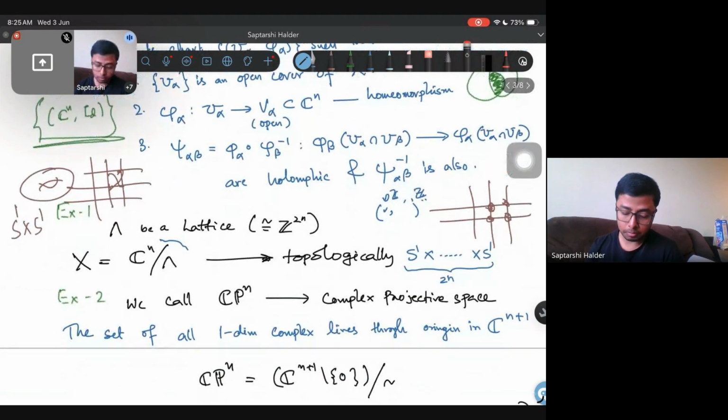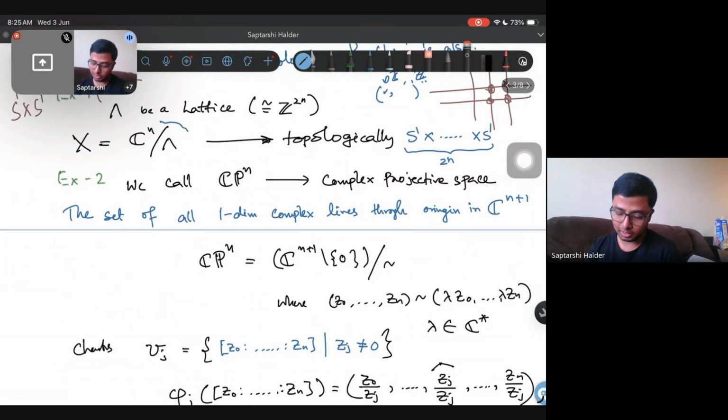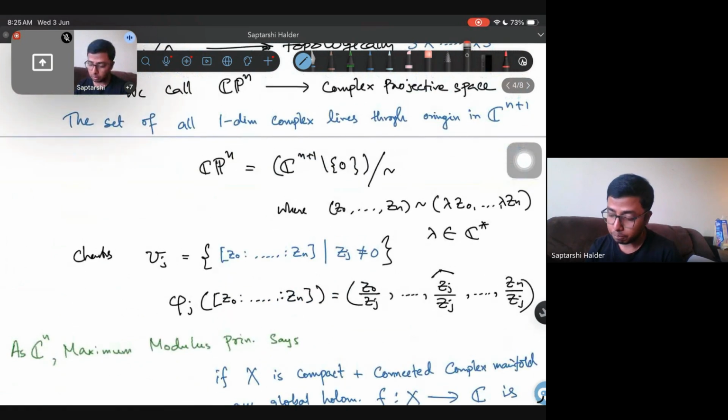Now one of the most interesting things is the complex projective space. So what is going on over here in the complex projective space? What we consider is Cn plus 1 without 0, and you quotient by an equivalence relation. Okay, so the equivalence relation is this.